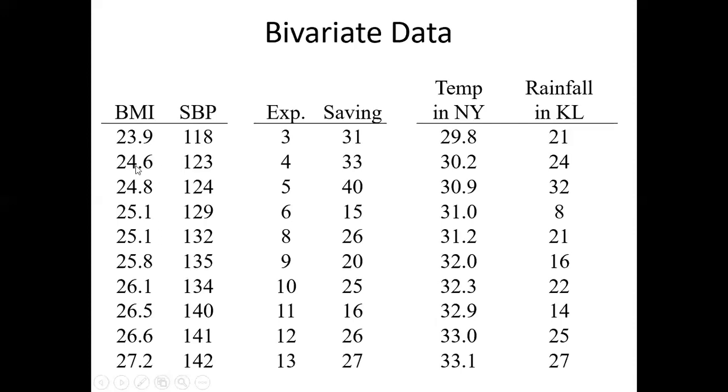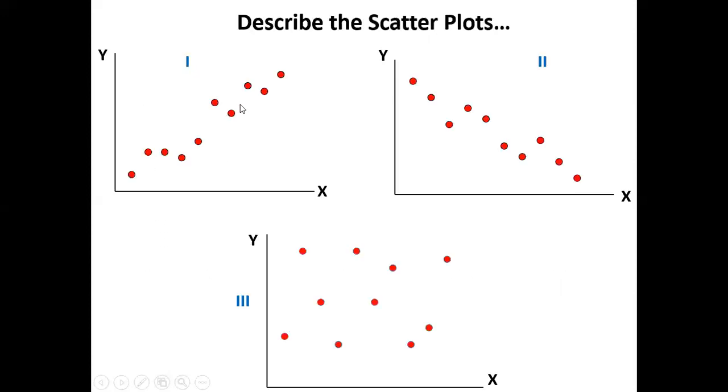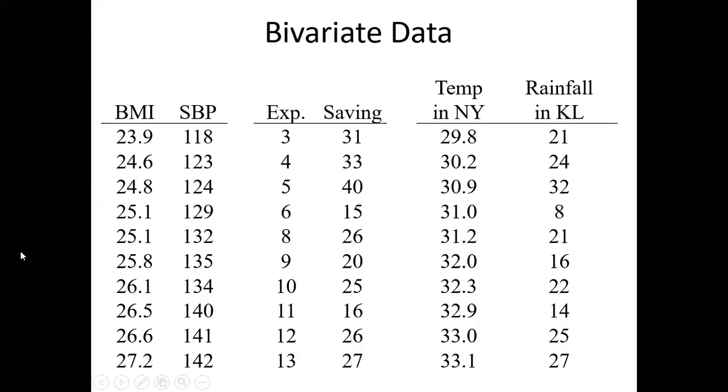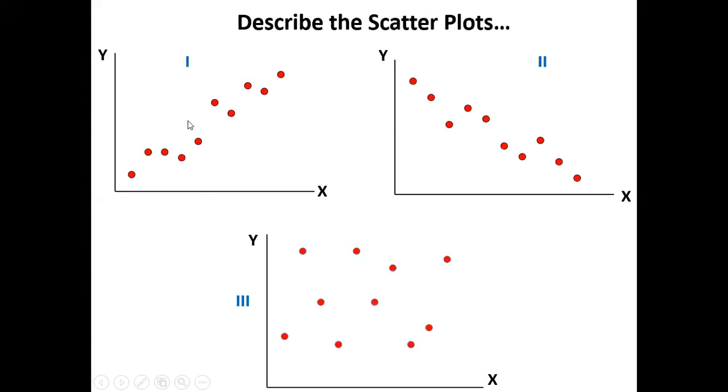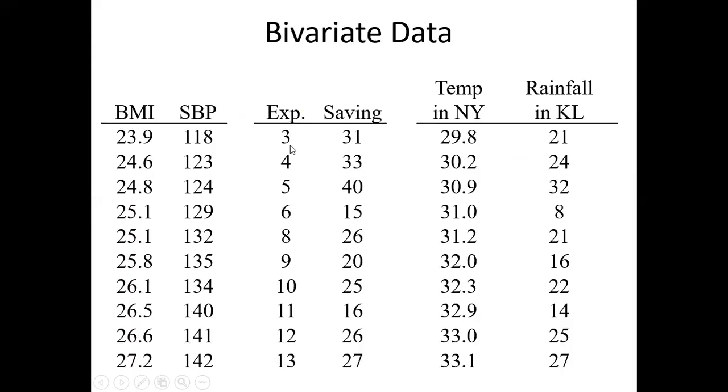Maybe this can be like your figure 1, isn't it? Number 1, BMI and BP. Higher BMI, higher BP. Maybe it's like number 1. Number 2, is it possible the more you spend, the less you save?